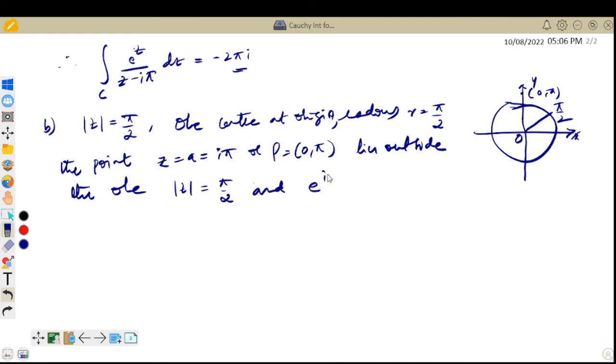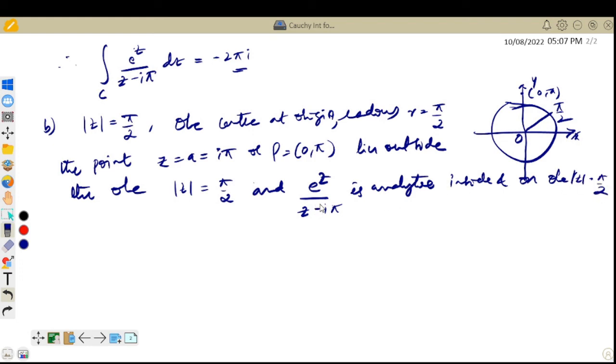And e raised to z divided by z minus i pi is analytic inside and on the circle modulus of z is equal to pi by 2.